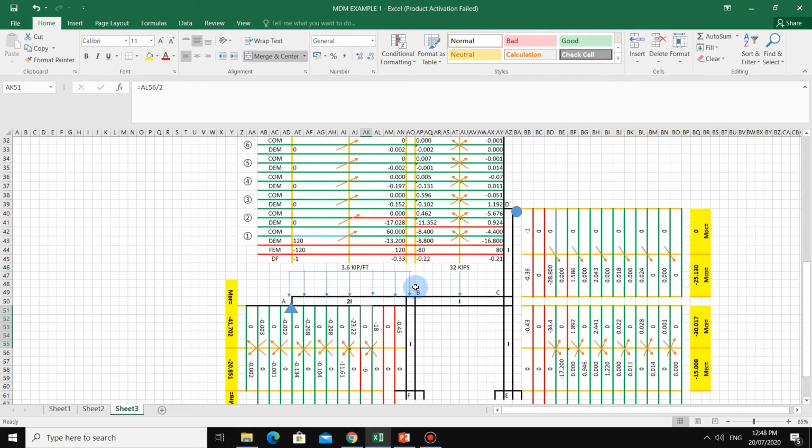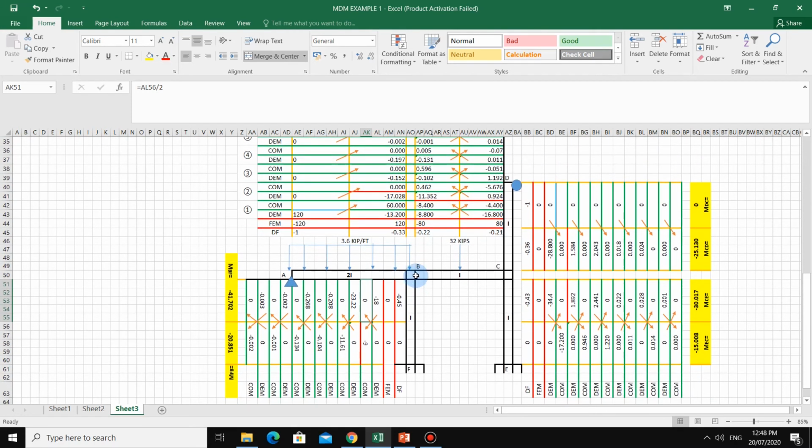So again, we will evaluate if there is still an unbalanced moment. So we have this 60, negative 8.4, then 0 here. So for sure, we still have unbalanced moment. If we take 60 minus 8.4, the difference, guys, I think is negative 51.6.